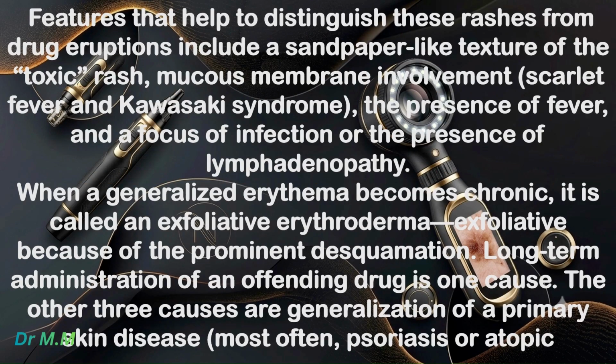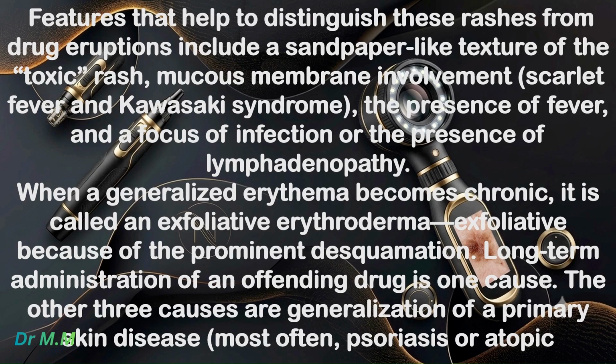Features that help to distinguish these rashes from drug eruptions include a sandpaper-like texture of the toxic rash, mucous membrane involvement in scarlet fever and Kawasaki syndrome, the presence of fever, and a focus of infection or the presence of lymphadenopathy. When a generalized erythema becomes chronic, it is called an exfoliative erythroderma, exfoliative because of the prominent desquamation.